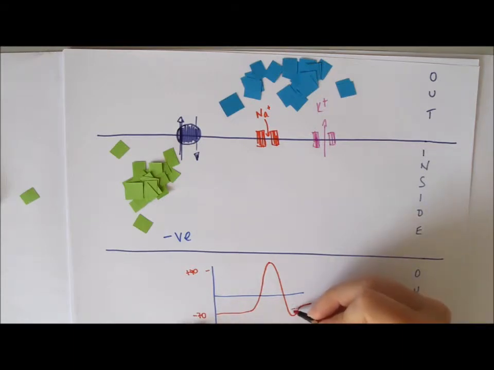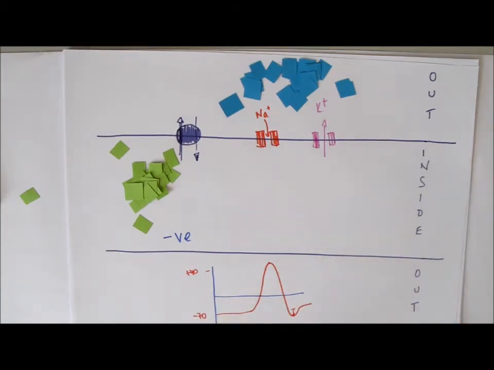Now you will notice that here there's a bit of an overshoot, and that is called hyperpolarization, and what that results in is something called the refractory period, which is a period of time where it is not possible for the membrane to be re-stimulated.